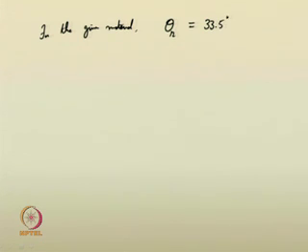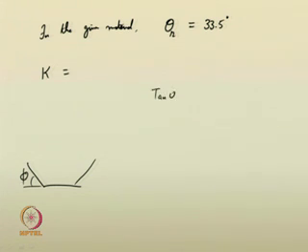If you have this data, then you can easily find the tractive force ratio now, because this angle phi is already known to you, because tan phi is equal to 1 by b, which is 1 by 2.